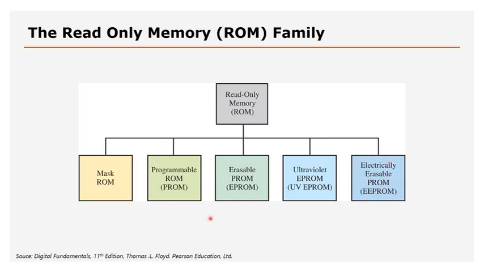In this specific book, Floyd, they did not mention that, but there's another one which is also a type of EEPROM, but it's called a flash ROM. In this specific case, you can erase the data one position at a time, whereas with a flash ROM, you can erase data in blocks, which is a lot faster. So two different types doing the same thing.